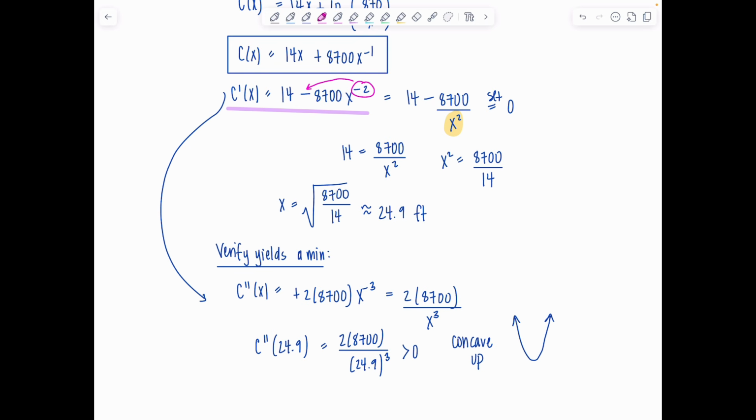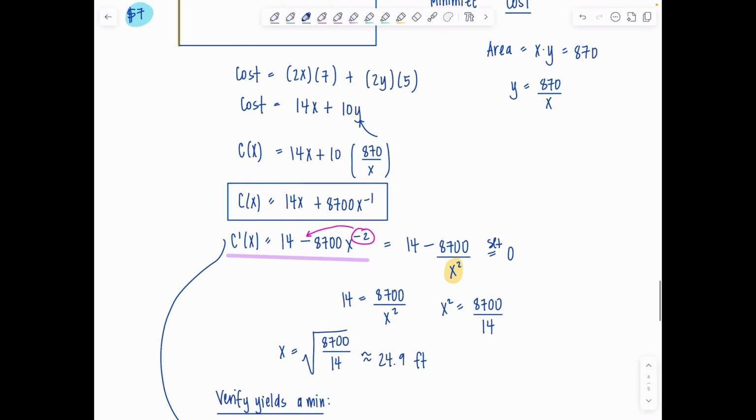And the critical value is where the derivative was 0, meaning horizontal tangent. So the only way for that to happen, if your graph is concave up and the tangent line at that point is horizontal, is if you're at a minimum. Local min. Why am I writing min so ugly? Okay, min. Good? So we know x equaling 24.9 indeed yields a min.